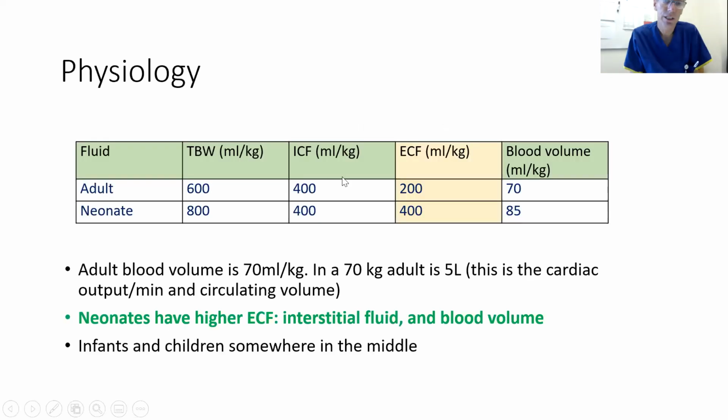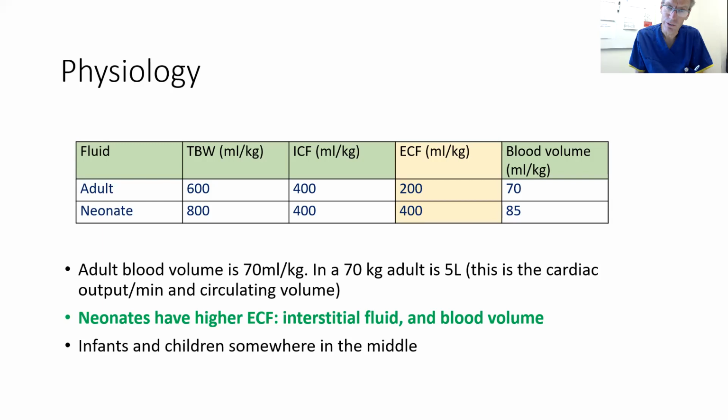As I mentioned, in adults a lower proportion of their body weight is water. So in an adult, it's about 600 mils per kilo, or 60% if you like, because in a kilogram, there's 1,000 mils of water. So an adult is about 60% water, and a neonate, especially a premature neonate, is about 80% water.